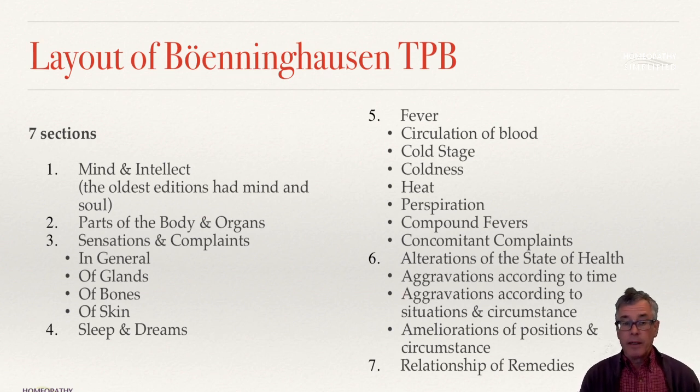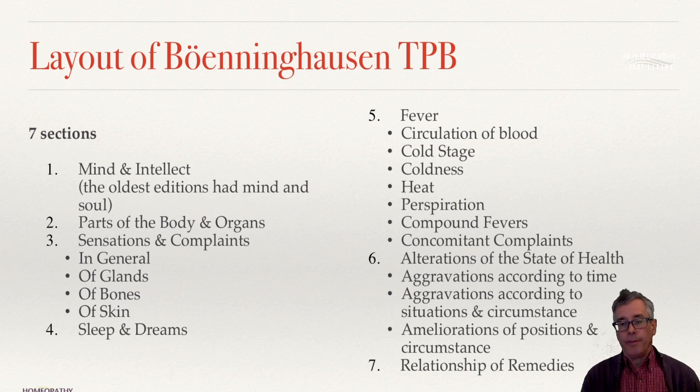So we have 7 sections, the first being the mind and intellect. And the oldest editions used to call it mind and soul. Then we go to the parts of the body and the organs. Then the third section is very important. We have the sensations and complaints in general, and then broken up into sections of the glands, of the bones, and of the skin. The sleep and dreams section adds a lot to the mind and intellect section.